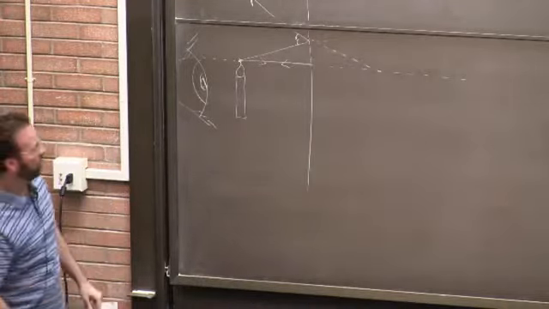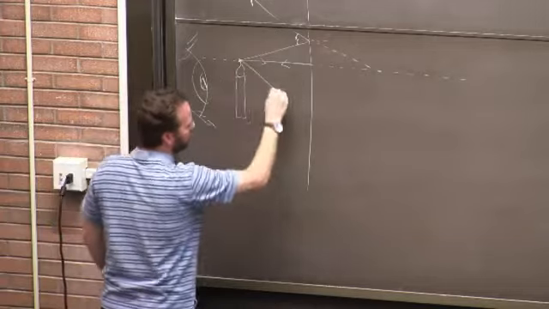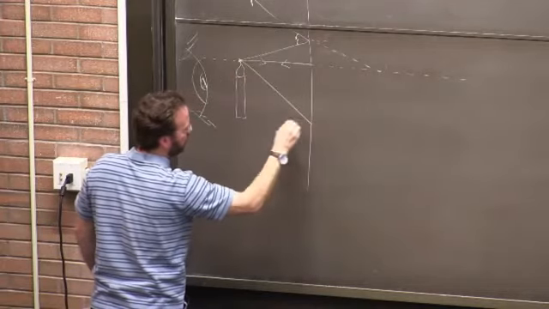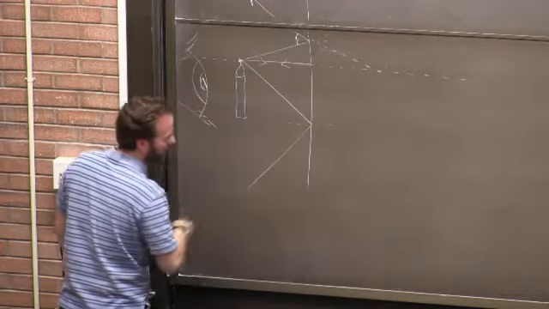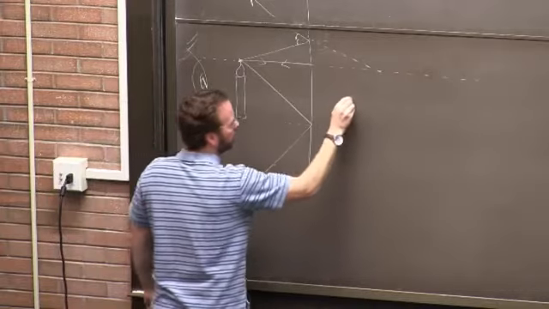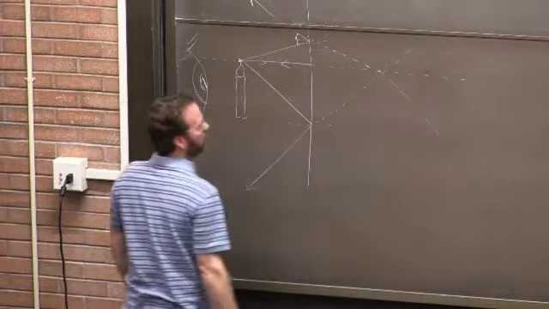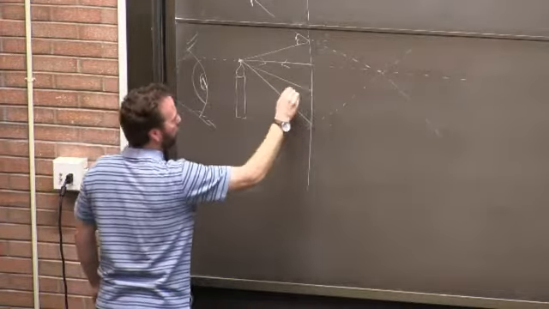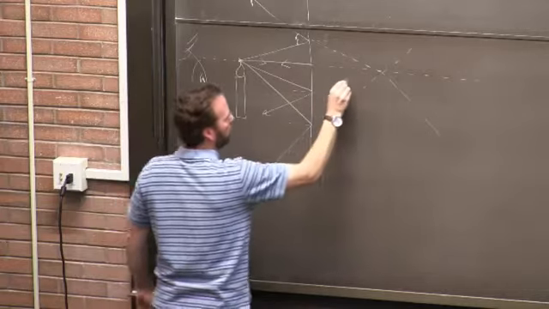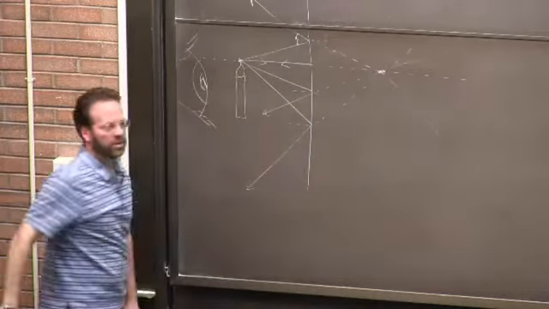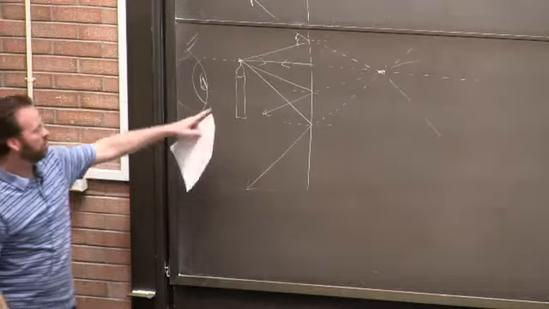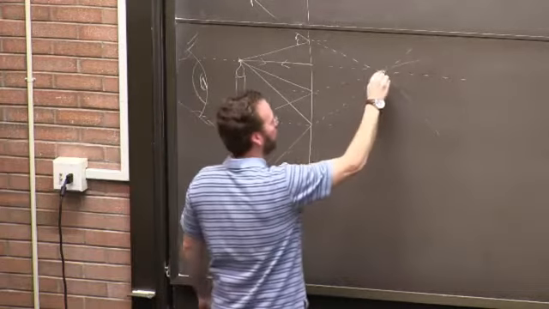How about one down here? Draw your normal. Angle in, angle out. Getting a pattern here. And they all seem to come from the same spot. So you see the top of the candle over there.